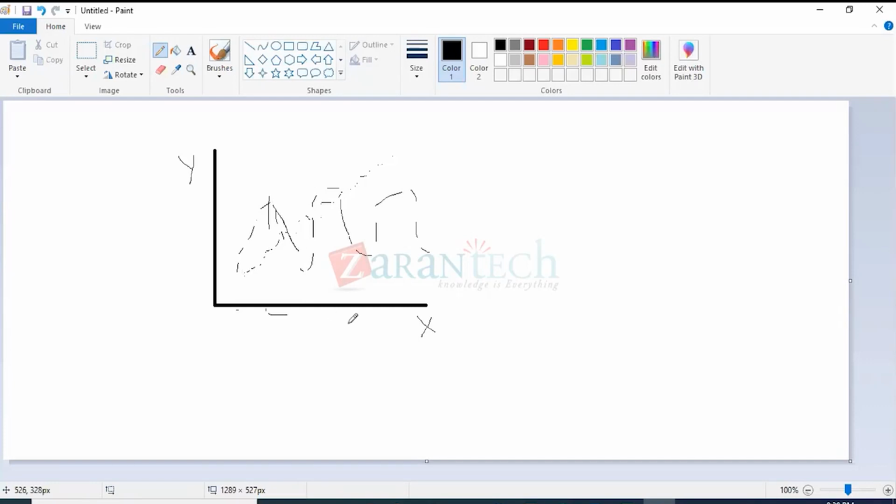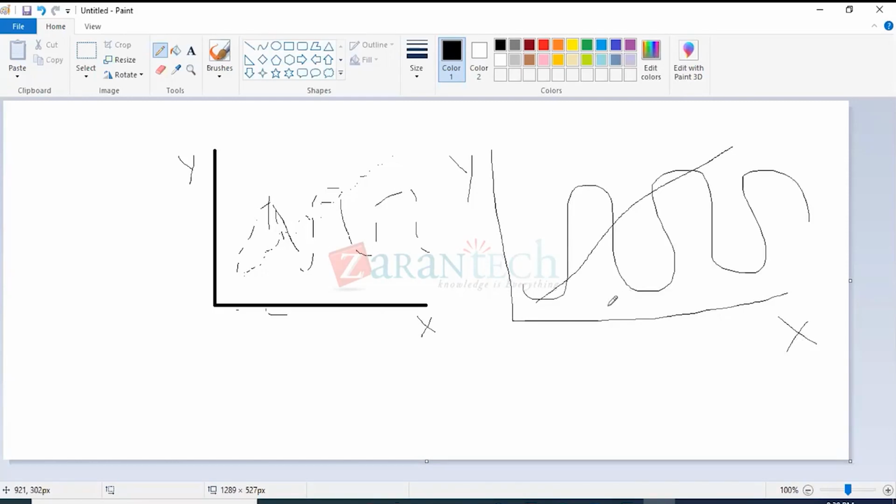So this is not a linear relationship, and we cannot use such a data set to build a linear regression model. There always has to be a linear relationship between my independent variable and dependent variable. The relationship cannot be something like this, or this, or this.